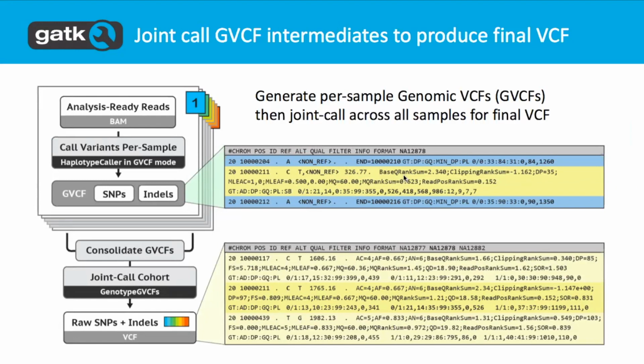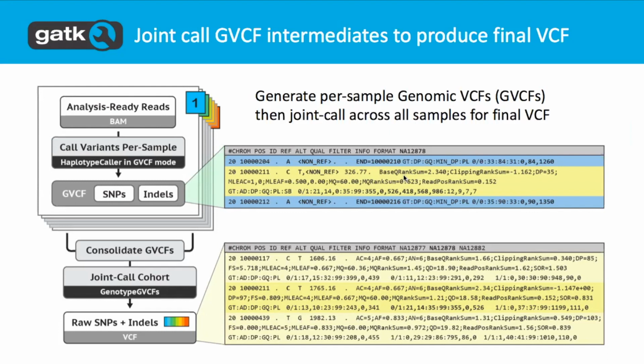And now to talk a little more about the GVCF file that HaplotypeCaller creates. A GVCF file is essentially a genomic VCF file. It follows the same format specification as a VCF file, except that a GVCF has information on all the positions in your genome.